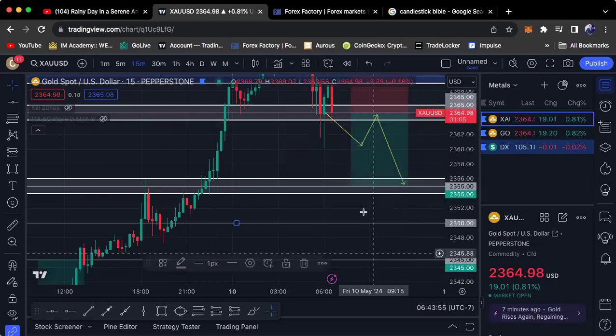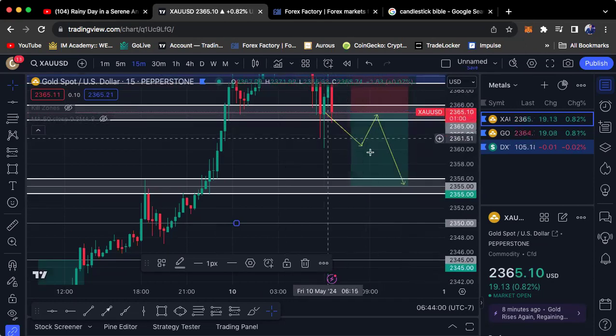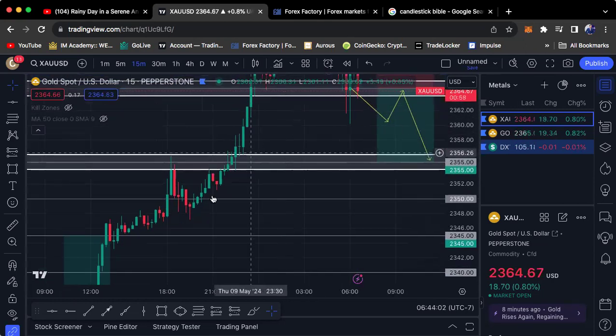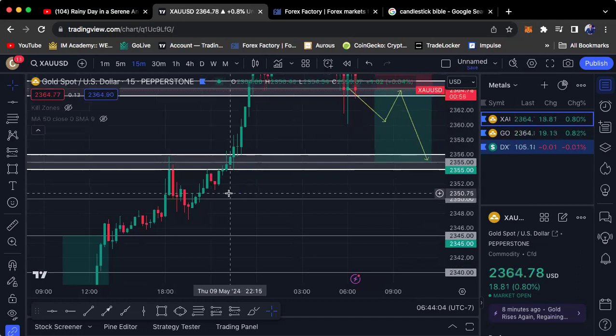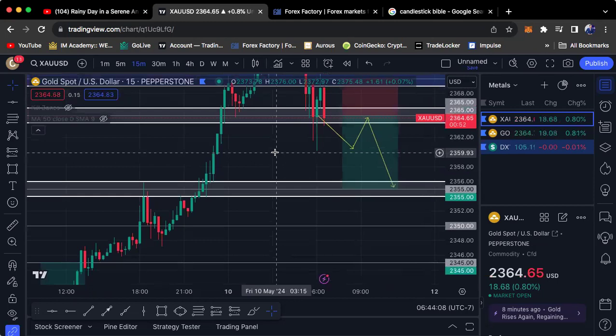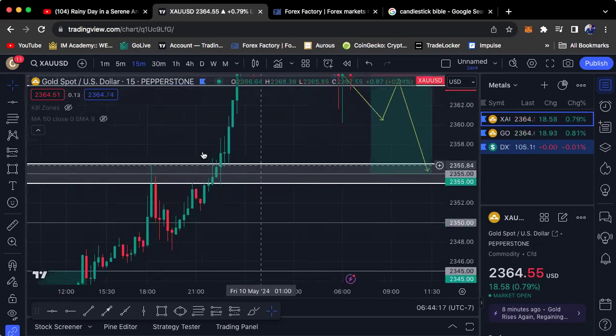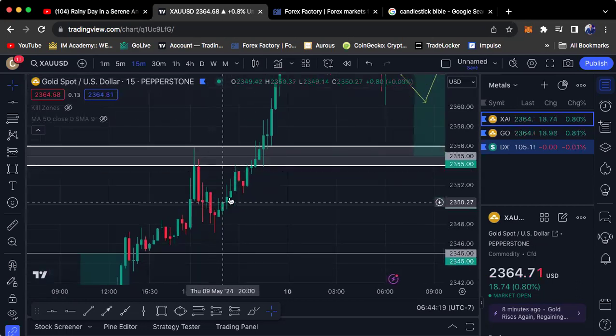Like me, my sweet spot is 1 to 3. But to be more on the safe side, just do 1 to 2. 1 to 2 is also good, guys. I want you guys to understand that. 1 to 2 risk to reward is also good. That's doubling your account. Okay. You can double your account.